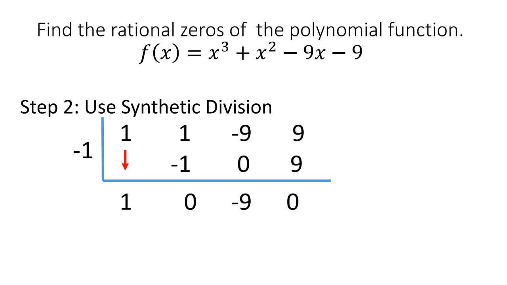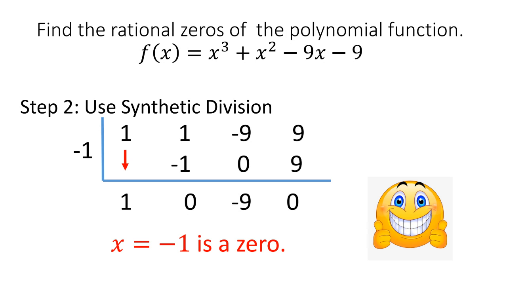This one is correct here; let me put in my negative. So we see that negative 9 plus 9 is 0. Since the remainder was 0, we're happy about that. That tells us that negative 1 is an x-intercept, that the graph is going to cross at x equals negative 1. Okay, so it is a zero.